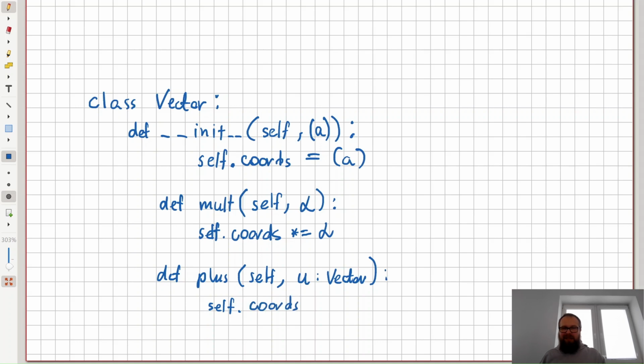Coords. Can it be like this? Tuple to tuple. We downloaded the package, whatever. It knows how to handle it.